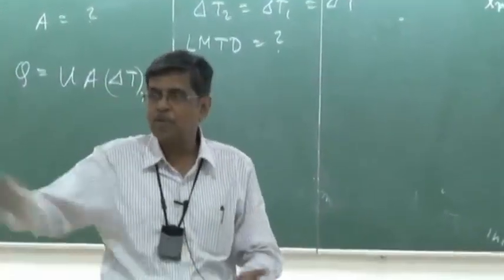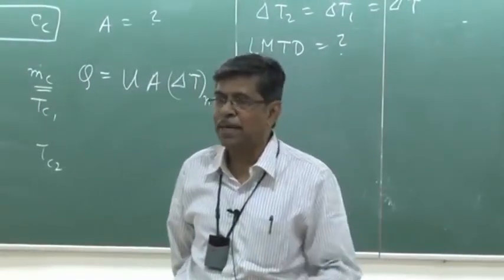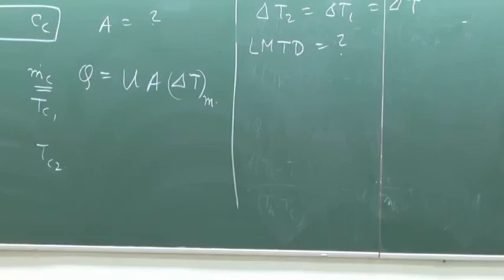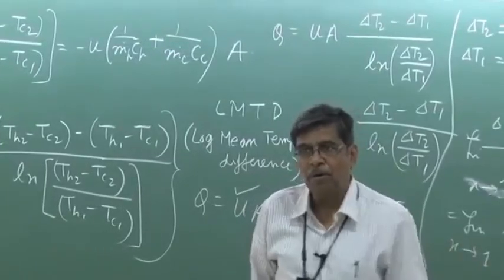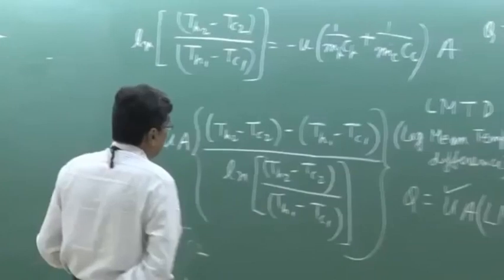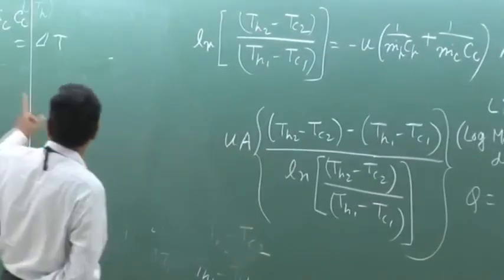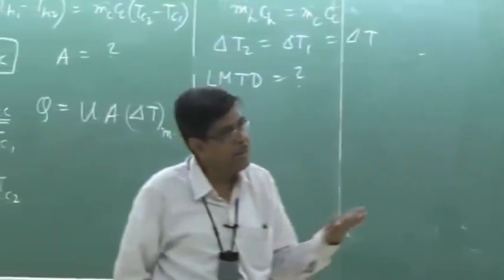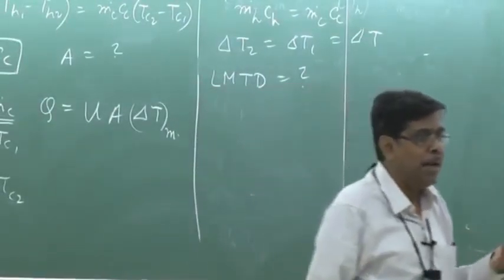The denominator ln 1 plus x you can expand in a series, and you get delta T1 by epsilon type of thing, and you can prove that the limit will be delta T1 only. So therefore it is very important, these are school level tasks, that when delta T2 and delta T1 are the same, under these circumstances where the mass flow rate capacity product is equal, we have to have LMTD as this.